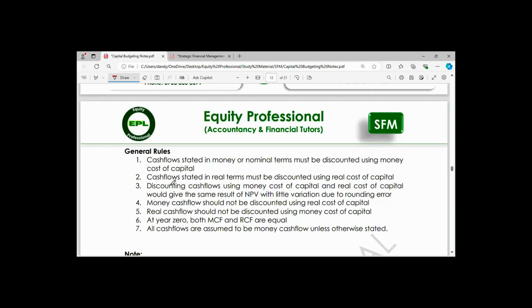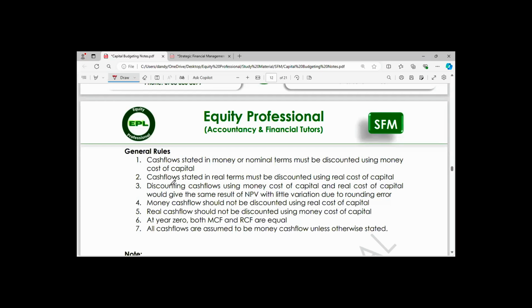Rule number two: real cost of capital must be used for real cash flows. Rule number three: do not use money cost of capital for real cash flows. Number four: do not use real cost of capital for money cash flows.